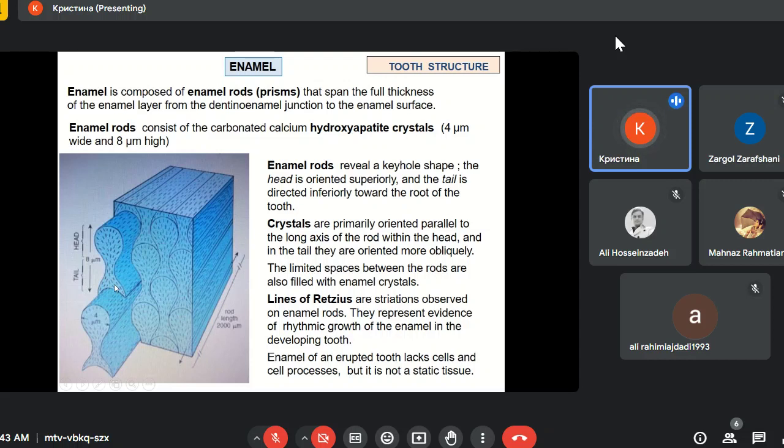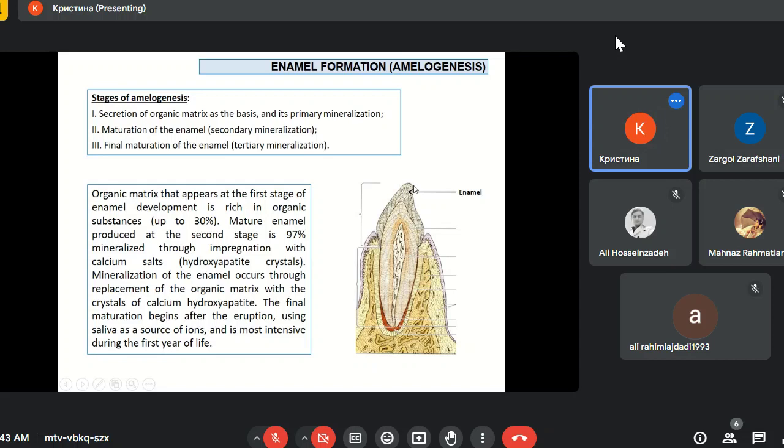So how is this enamel prism generated? Stages of amelogenesis start with the secretion of organic matrix, then its primary mineralization, then maturation of the enamel or secondary mineralization, and final maturation or tertiary mineralization.